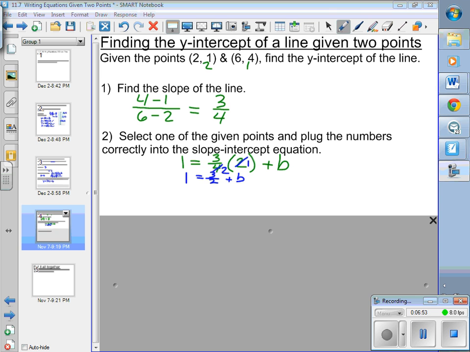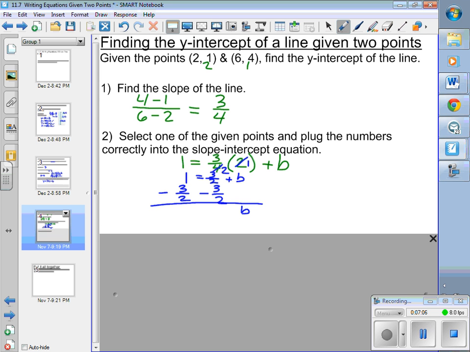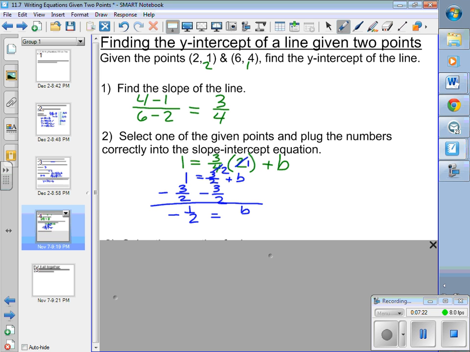Okay, so now we're going to subtract 3/2 from both sides. So we'll be left with b on one side and minus 1/2 on the other. So b is equal to minus 1/2.